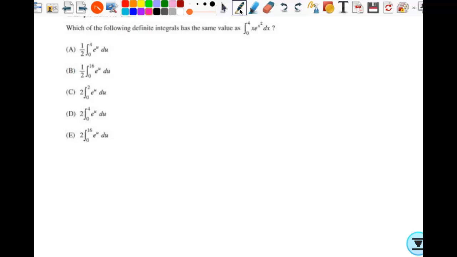Good. When x equals 4, you're substituting it into here, not the original.